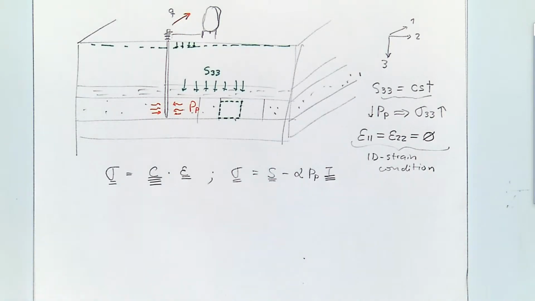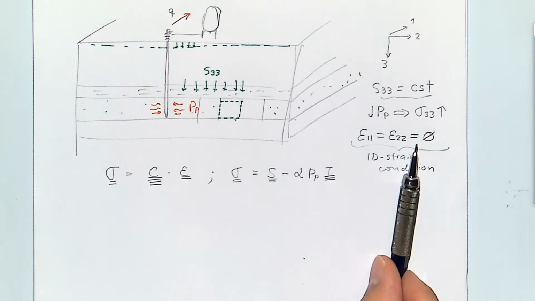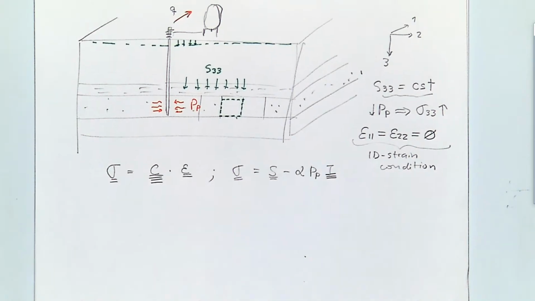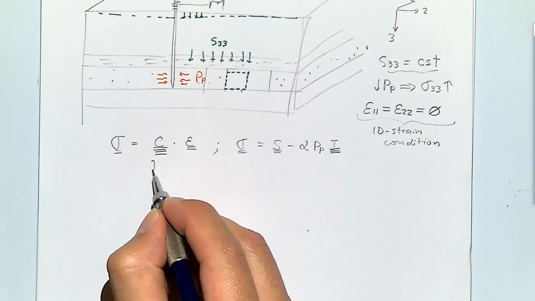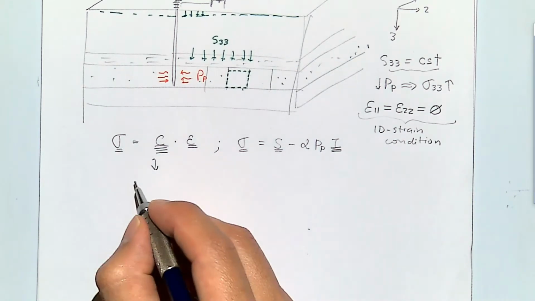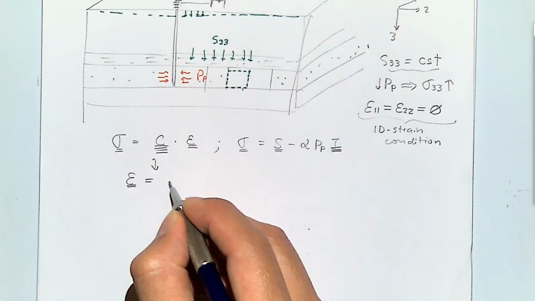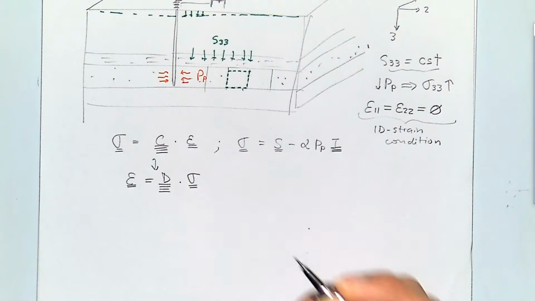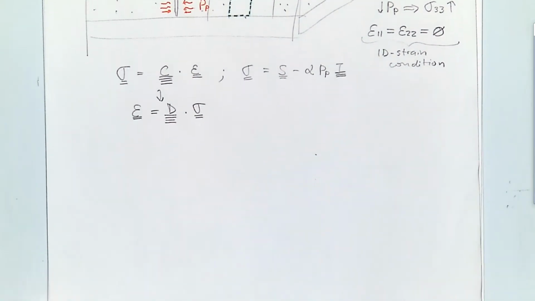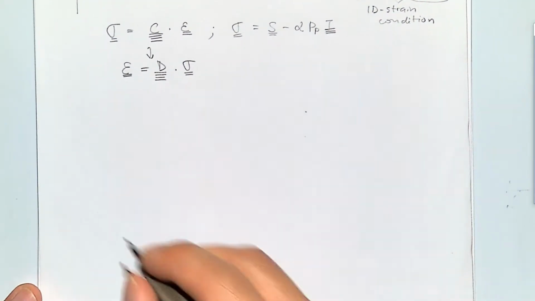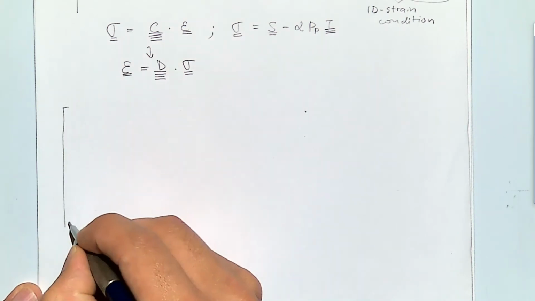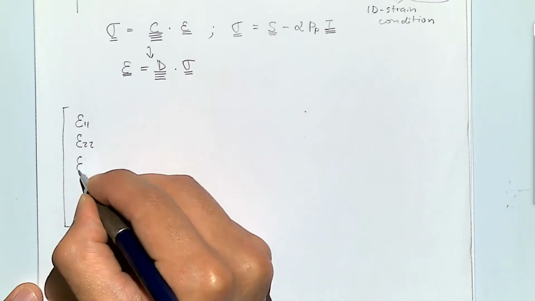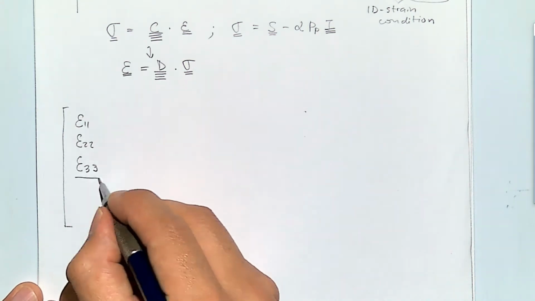Okay. So with these conditions and this equation, let's see what we get. I'm going to change this slightly, and in order to work with strains, we're going to use the inverse of this matrix, the matrix C. And if I write that, you can do it either way, but I'm just going to do it this way. We know this matrix very well.